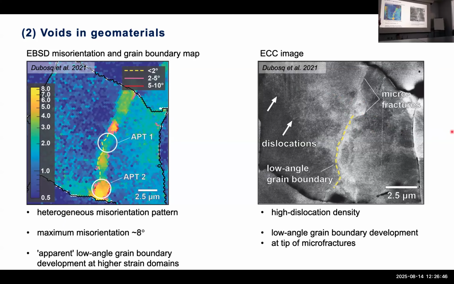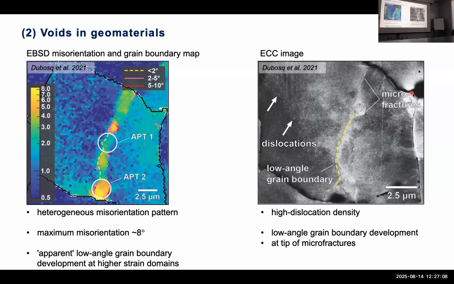But we did still document that there were some low angle grain boundaries propagating from these microfractures. So based on this information, we can tell that the pyrite is deforming mostly brittlely, but there is some minor accommodation by crystal plastic deformation.